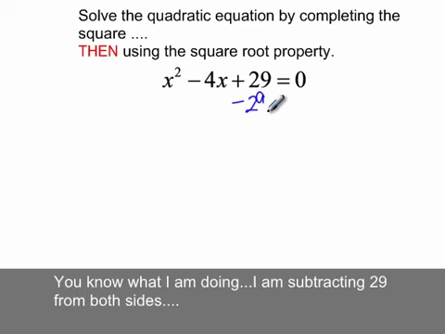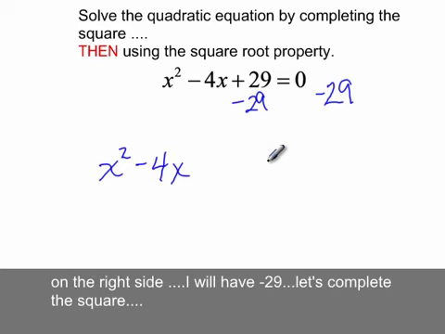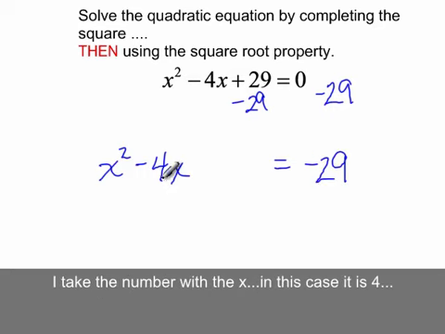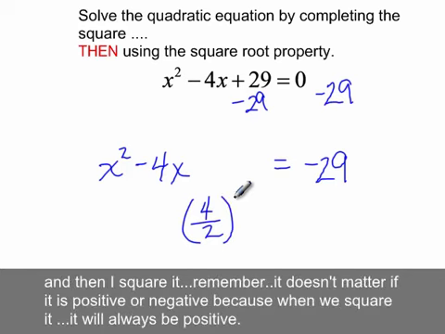You know what I'm doing. I am subtracting 29 from both sides. So I will have x squared minus 4x on the left. On the right side, I will have negative 29. Now let's complete the square. I take the number with the x, in this case it's 4, divide it by 2, and then I square it.